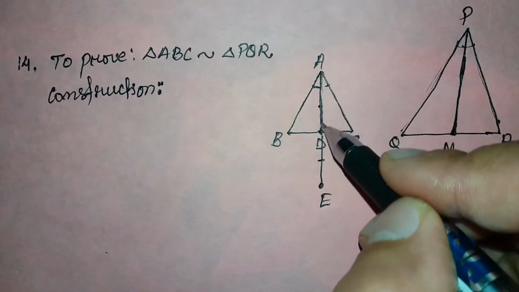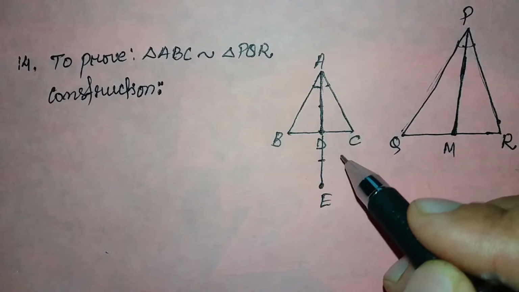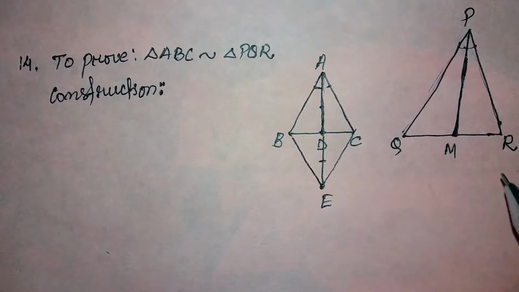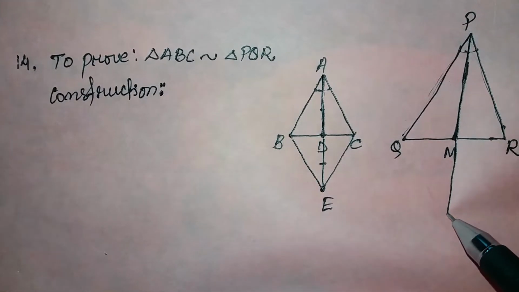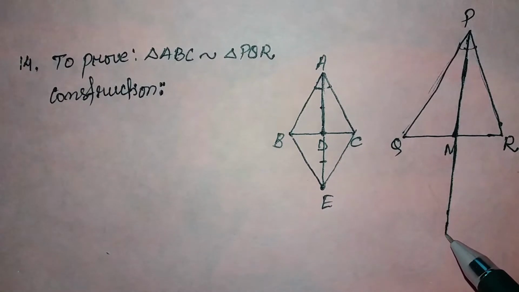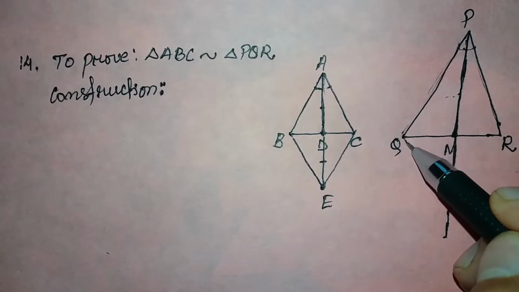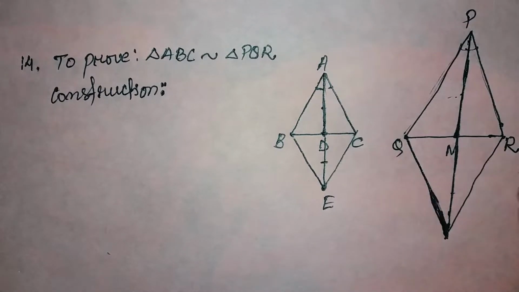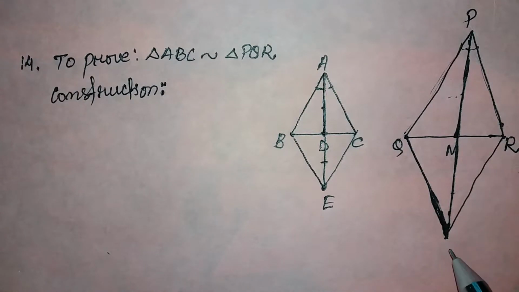For example, if this is 5 centimeter, then this is also 5. After that we will join this and this, and here also let's produce this PM such that this and this are equal in length, and let's join this and this. Let's call this S.